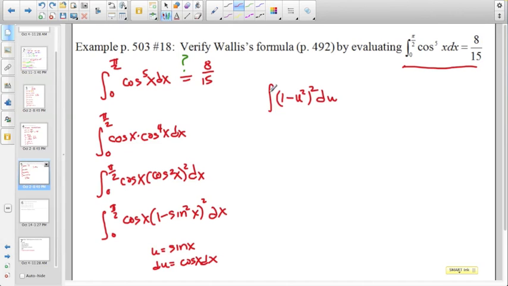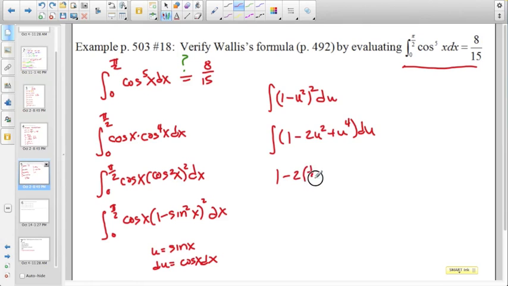And I'm going to leave the limits of integration off for a while because 0 to pi over 2 refer to variable x, not the variable u. So I'm going to go ahead and FOIL this. So we get the integral of 1 minus 2u squared plus u to the 4th du, and then I'm going to integrate this, and then we'll worry about the limits of integration in just a minute.